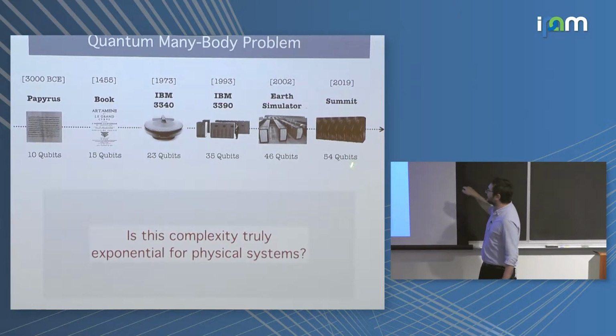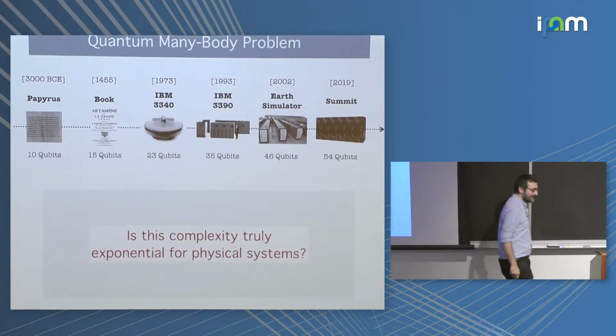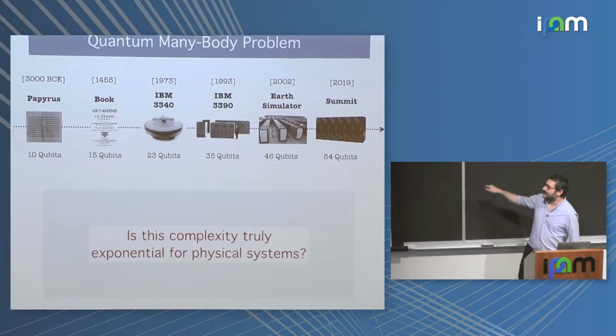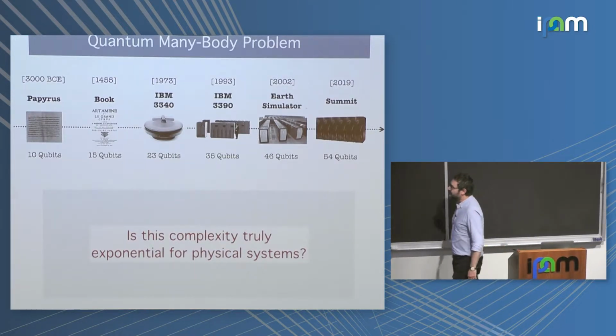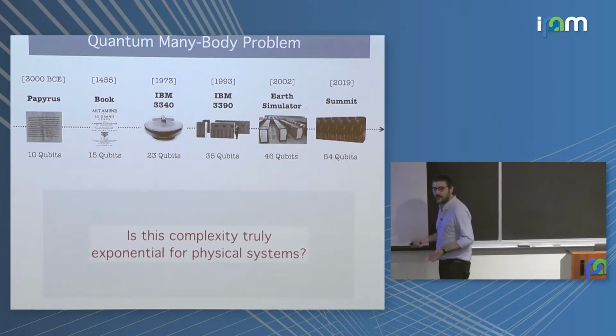So this is a rough estimate, and basically in 5,000 years we have improved by a factor of 5 in the number of qubits that we could store in the best state-of-the-art storage that we have, right? So it's clear that this exponential complexity is there.